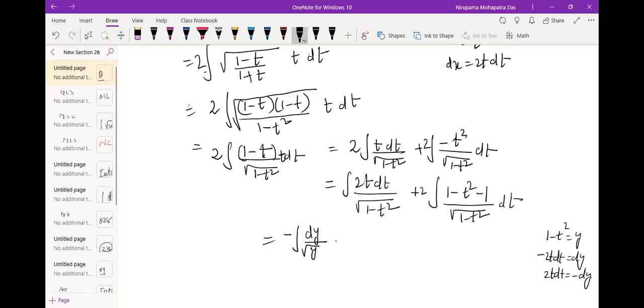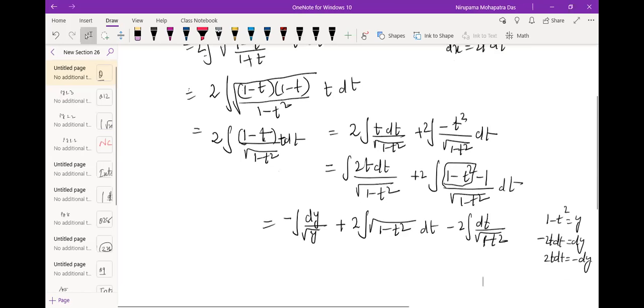Now plus this one is twice of 1 minus t square by under root 1 minus t square, now minus 2 dt by under root 1 minus t square. Just one or two more steps.